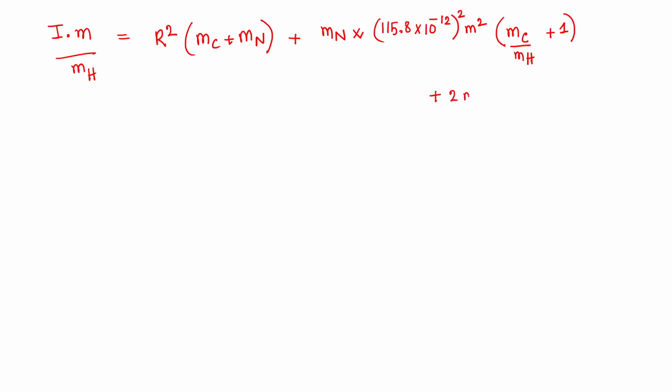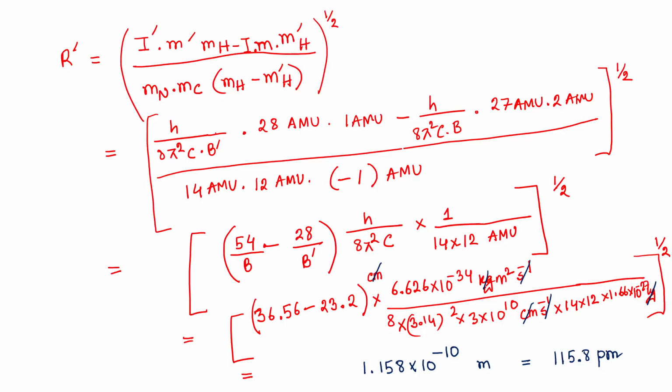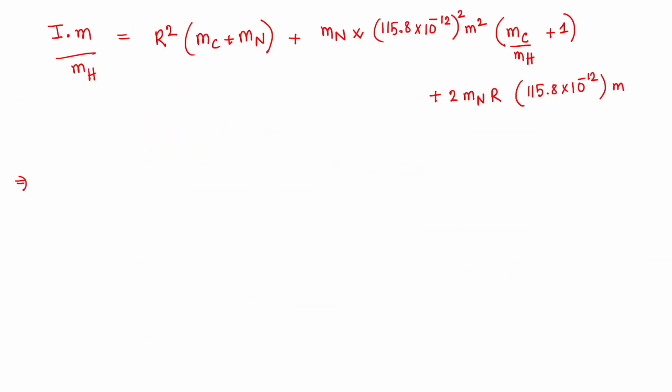Plus 2 into Mn R into R dash. R dash is 1.158 into 10 to the power minus 12 meter. So we got the value of this I also, no? So we are doing it step by step. So maybe once and for all, we can see what is I.